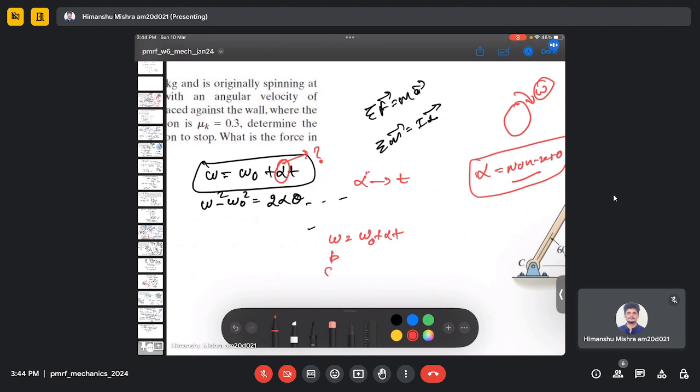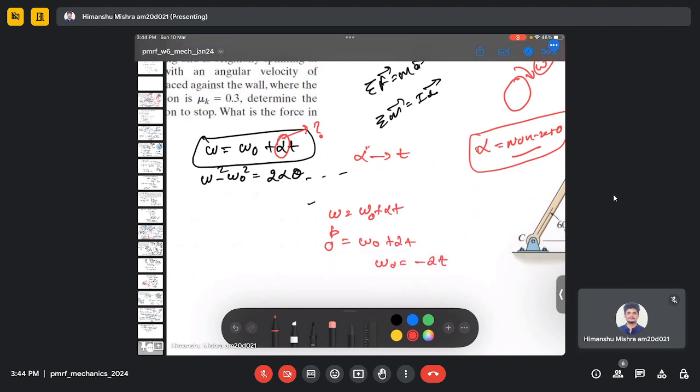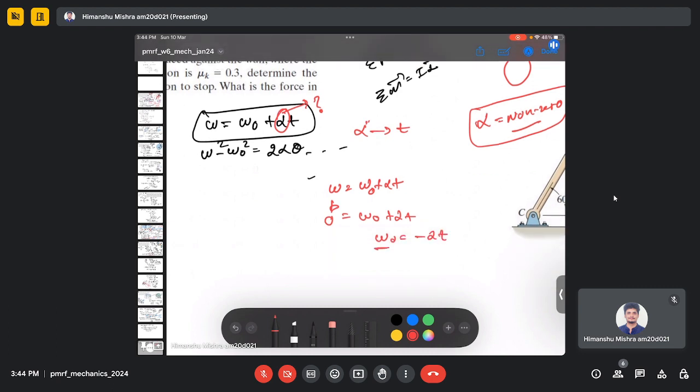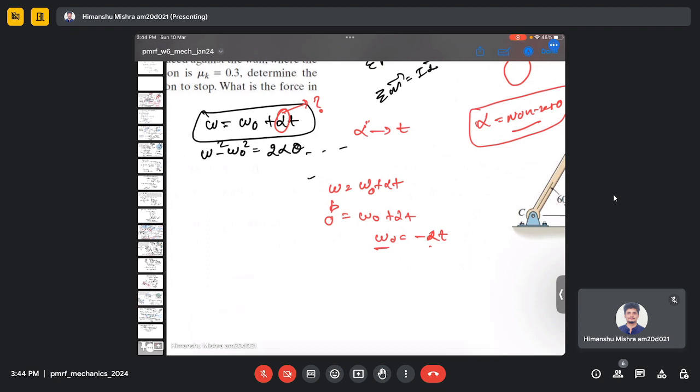So this is 0. And you can see the angular velocity is equal to alpha t. The minus is because the speed is decreasing.